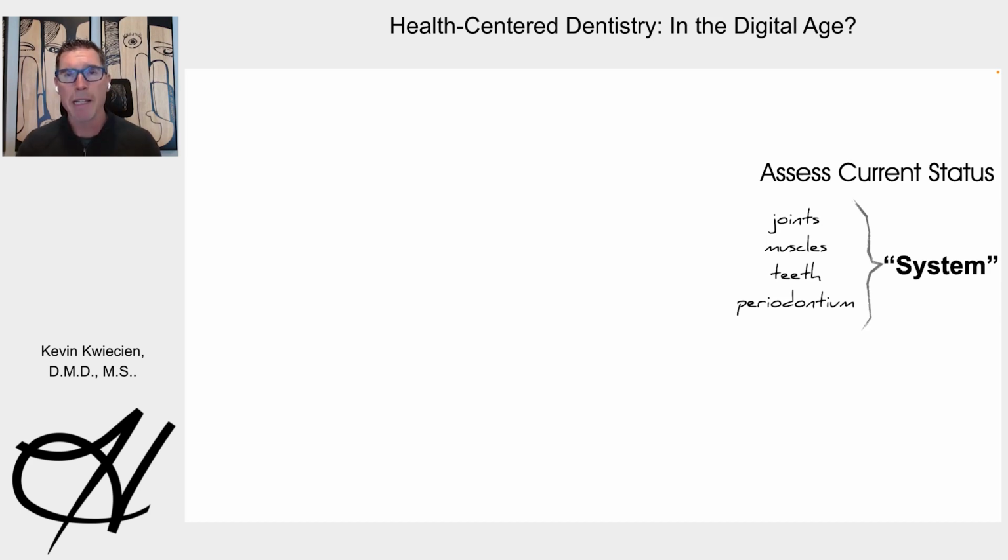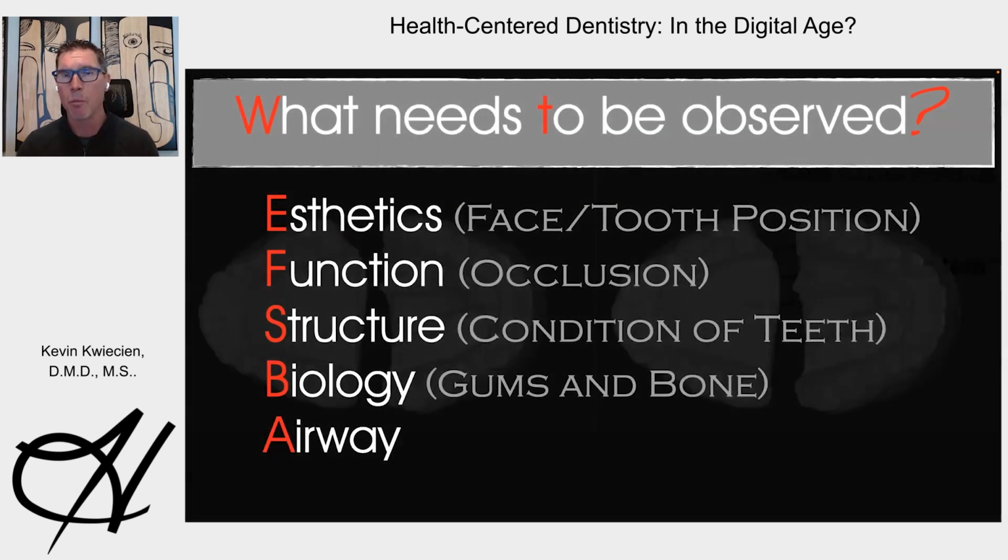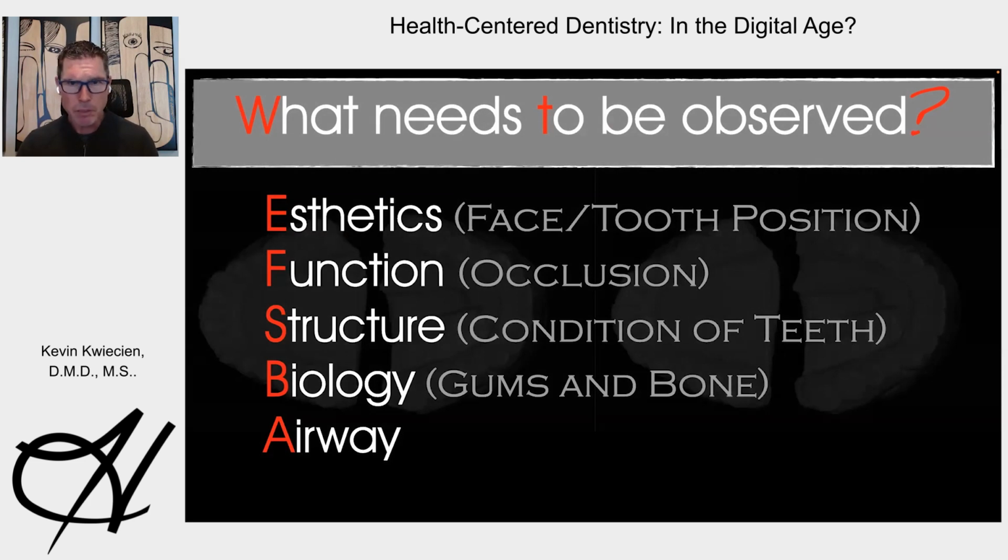And one of my biases that I just mentioned is from way back in the late 90s, the way I started looking at things that helped me stay more engaged and focused when gathering the data is knowing that I'm going to use these categories, aesthetics, function, structure, and biology, to treatment plan. So what data do I need for each of these categories that's going to help me systematically treatment plan? And we'll look at that in the digital world as well.